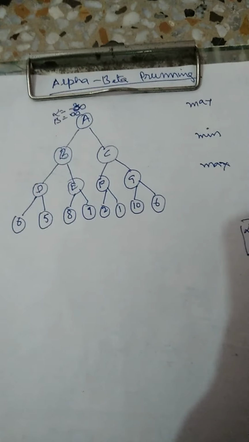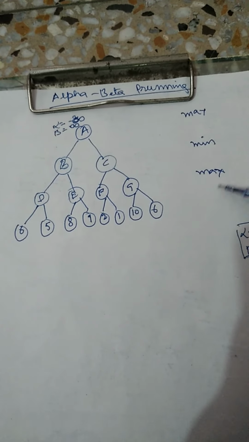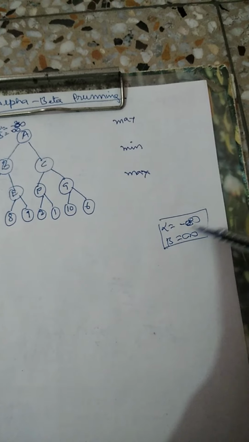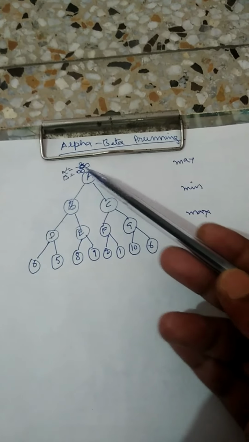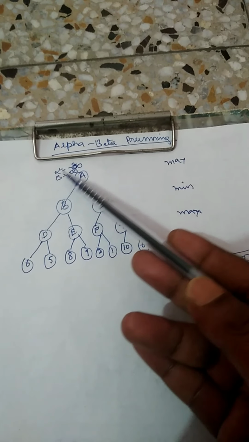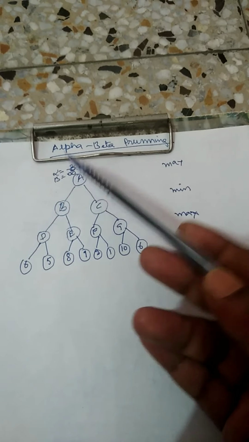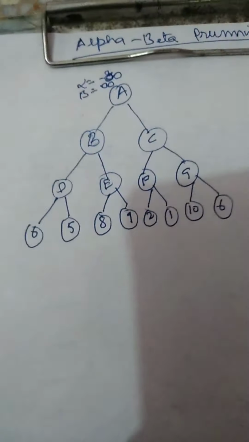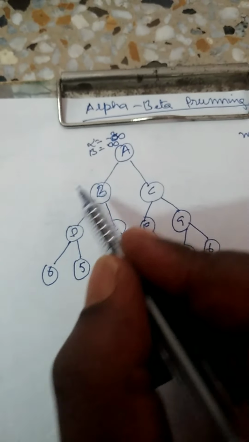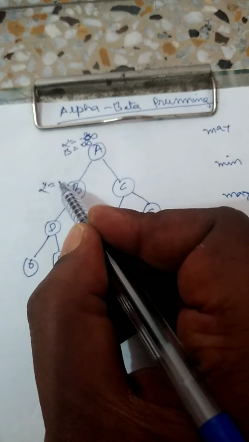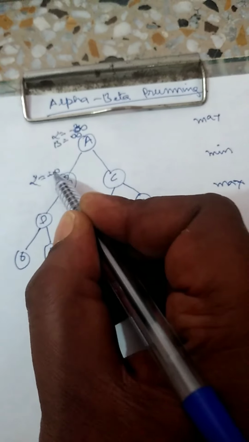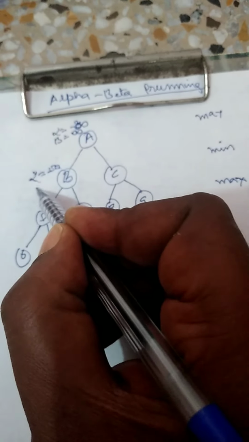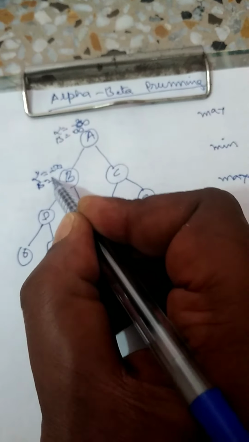Here we write maximum, minimum, maximum, and we consider alpha to be minus infinity and beta to be infinity. So node A has alpha equal to minus infinity and beta equal to infinity.